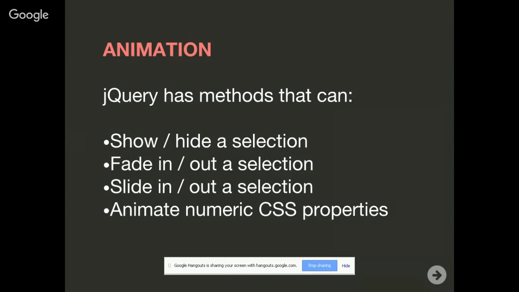This only works with numeric properties, so you can't change the color. If you wanted your div to change colors from red to blue, you'd have to use the jQuery UI library, which I'll talk about later. So animate is a really fun function to use, but it only works with numeric properties. You can animate the font size, the dimensions, the margins, all this stuff.